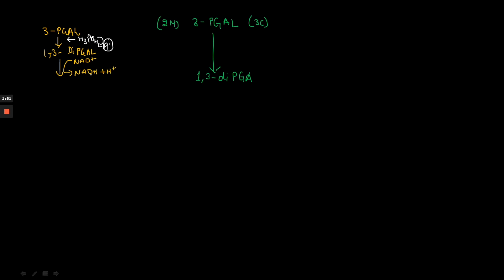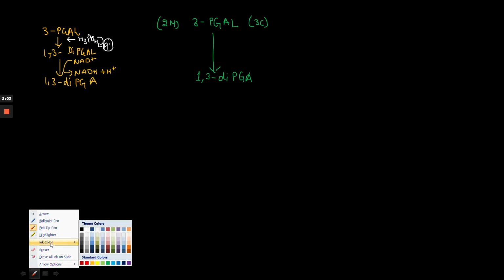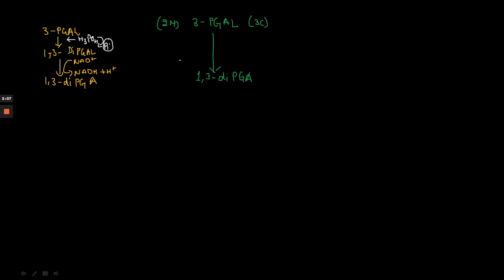That is your reduced coenzyme, and ultimately you are going to get 1,3-diphosphoglyceric acid, which is present here, right? So 2 molecules of 3-PGAL are getting converted into 2 molecules of 1,3-diphosphoglyceric acid. It is also a 3-carbon compound.